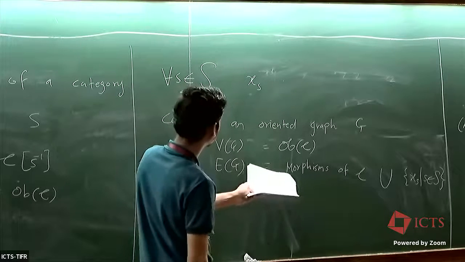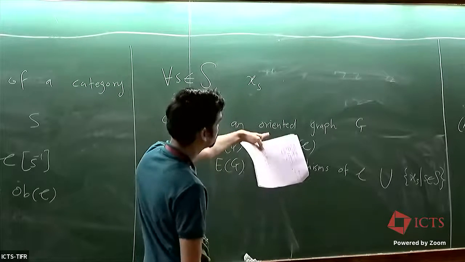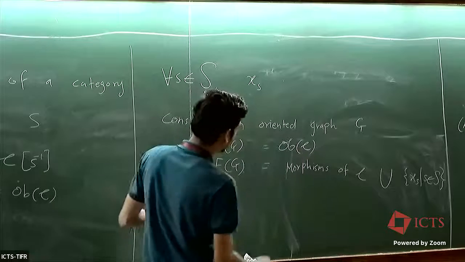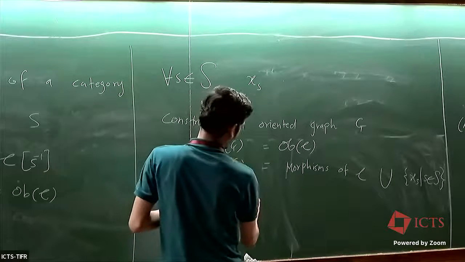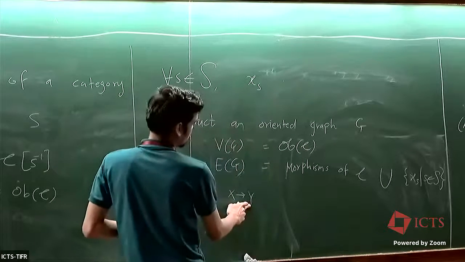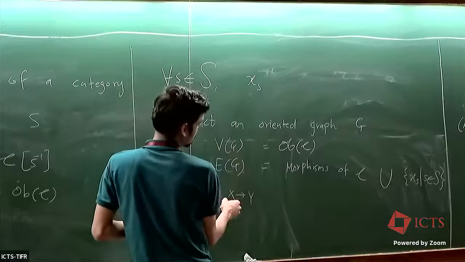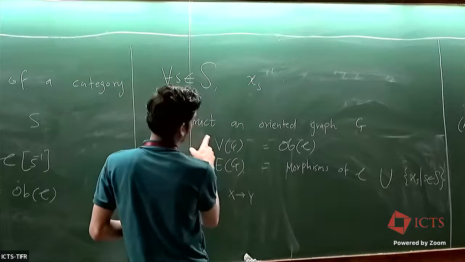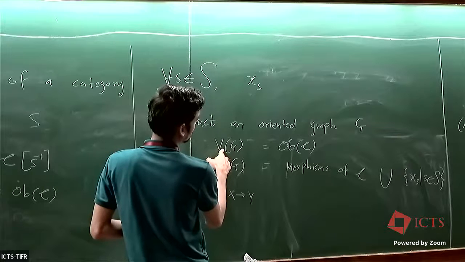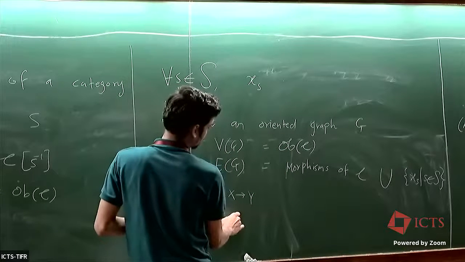And we are saying oriented graph. So what are the directed edges? Whenever there is a map from X to Y, whenever there is a morphism in category C, in this graph, you know that corresponding to every object, you have a vertex.